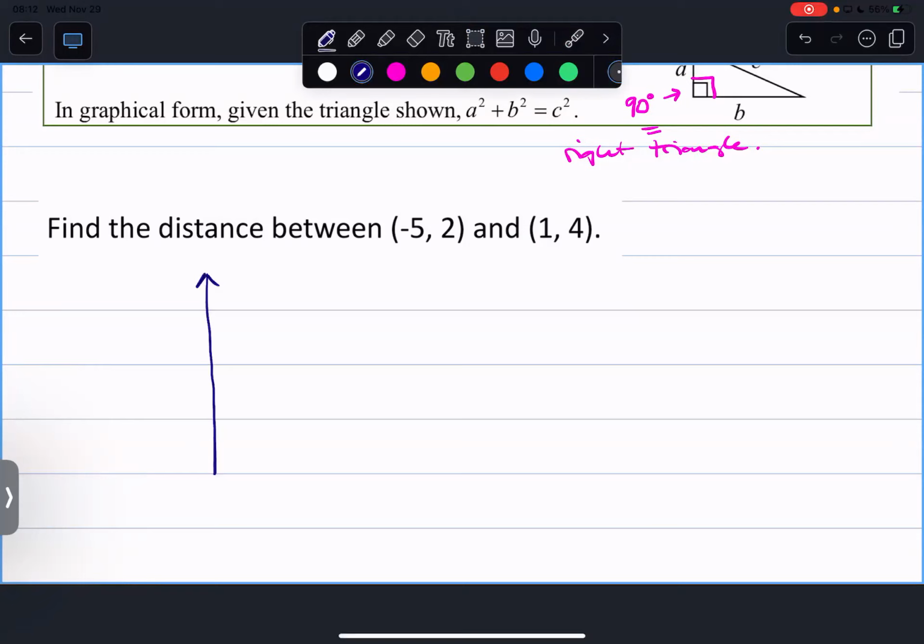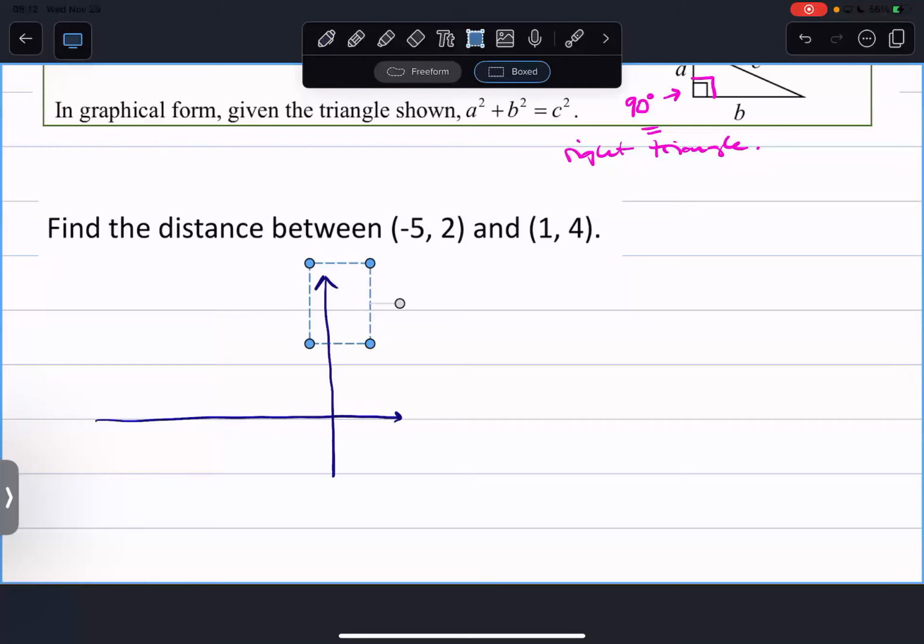So something like this maybe, or like that maybe. Why? Because I need 1, -1, -2, -3, -4, -5. And then I need 1, 2, it's just a sketch. -5, 2.